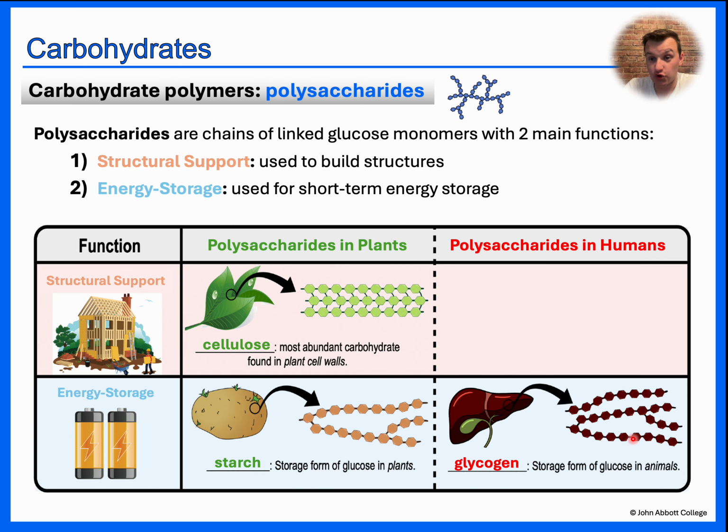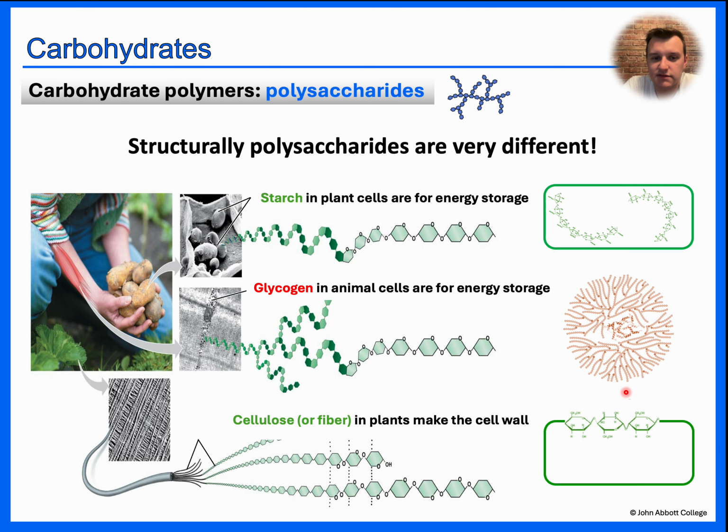So we store this glucose in big chains in our closet reserve in our liver. So these are the three I care about: cellulose, starch, and glycogen. And in the human body, glycogen is really the one that we care about the most. This is how we store energy in humans.